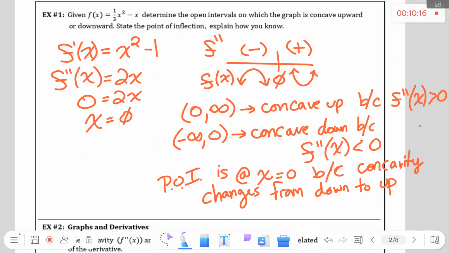If you just say negative to positive, that could mean this goes from negative to positive, or that goes negative to positive. Could you say the concavity goes from negative to positive? Yeah, that'd be okay. You explicitly want to connect this point of inflection to concavity change.